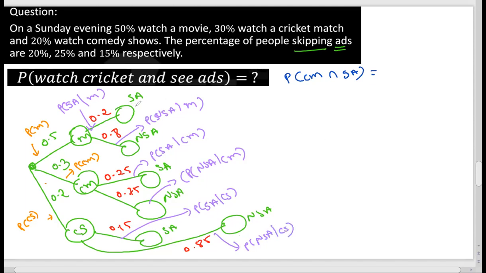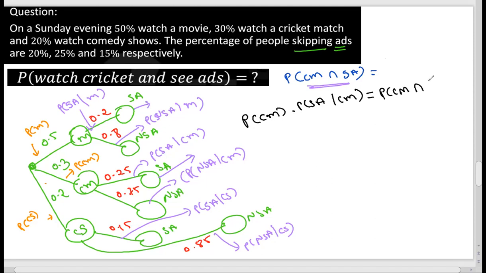And if you want to denote this circle, we want to find this cricket watch and SA, SA means skipping ad. So what's the representation for this circle? For this, we can write, as I told you in the previous example that I'll explain in total probability, the multiplication of P of cricket match into P of SA given CM. SA given CM means skipping ad given CM. Multiplication rule, it is the same thing.